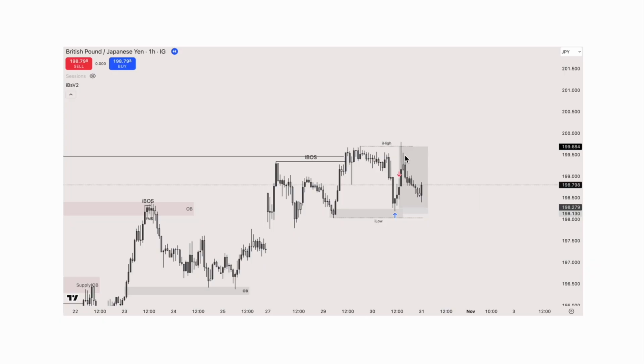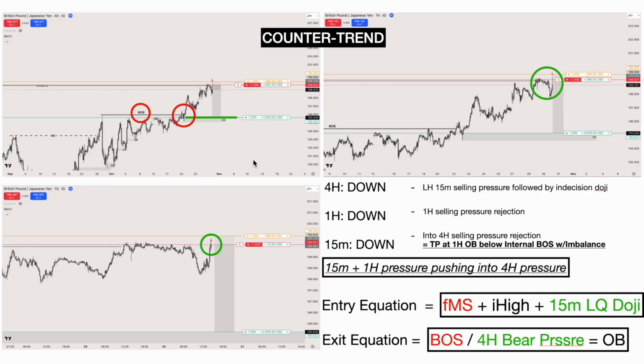I don't see another point to enter. Maybe on a lower time frame there could be another point near the entry, but we can see that internal high got swept. And then from this internal high, we see an entry with a lower time frame indecision after selling pressure from the internal high.